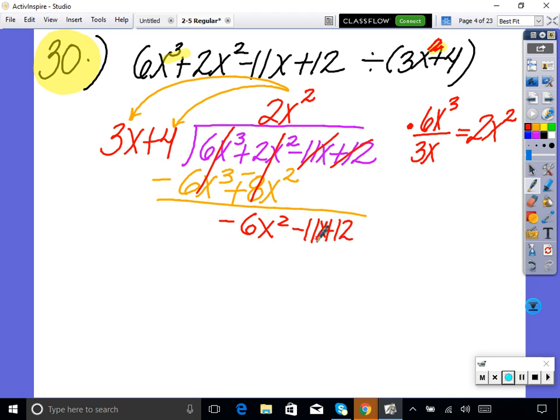And now our roundabout process starts over again. So we go off on the side, starting over. Negative 6x squared divided by leading term 3x. Feel good? So we get what? All right, that goes on top. Negative 2x. And then we're multiplying that back down in.